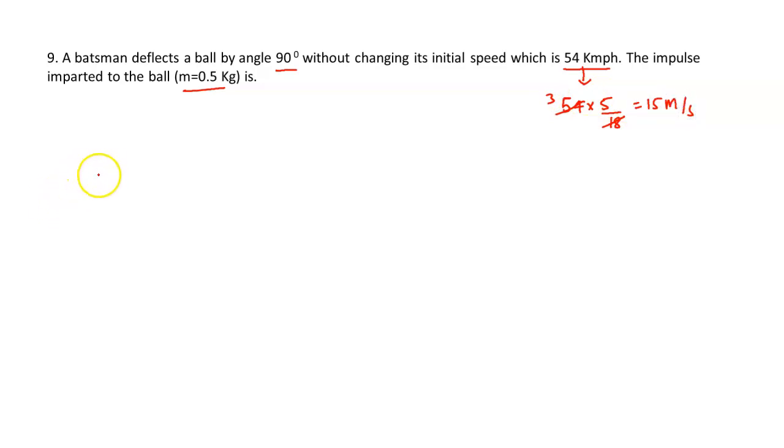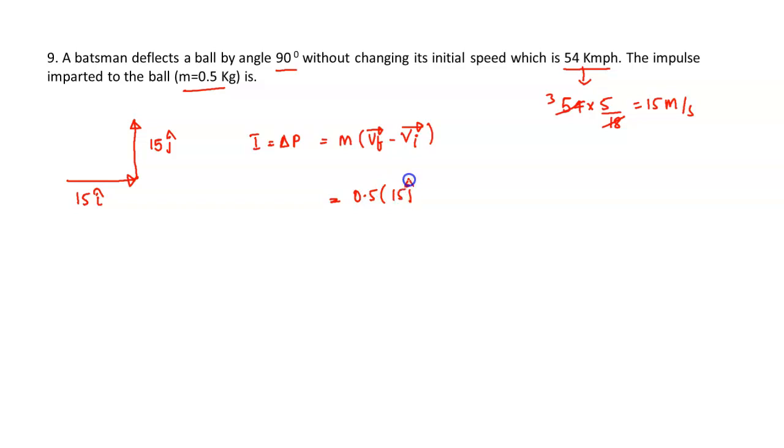Let us assume that the initial movement of the ball is along the positive x direction, and after deflection it started to move along the positive y direction. So initial velocity I can write as 15 i cap, and final velocity as 15 j cap. Impulse is nothing but change in momentum, that is mass into final velocity minus initial velocity. So mass is 0.5, final velocity is 15 j cap, initial velocity is 15 i cap.